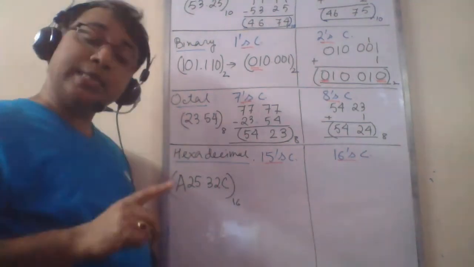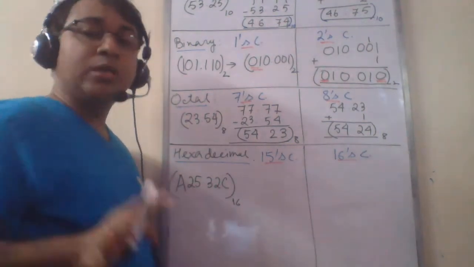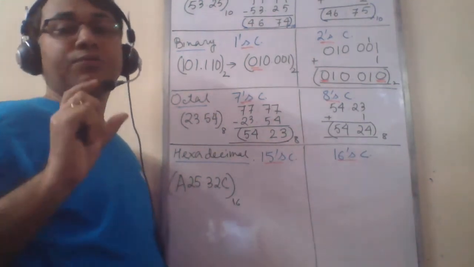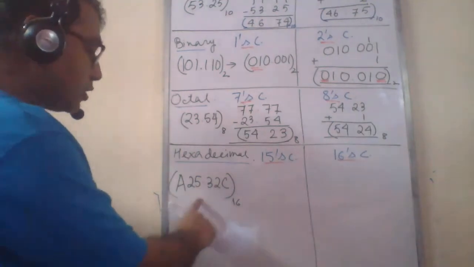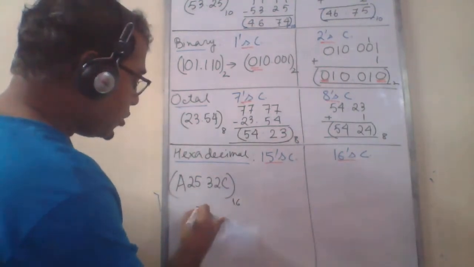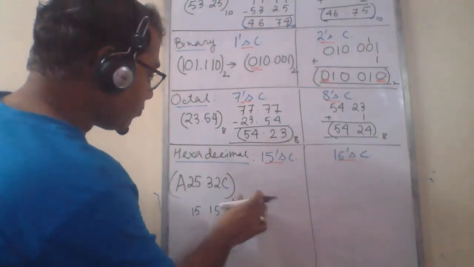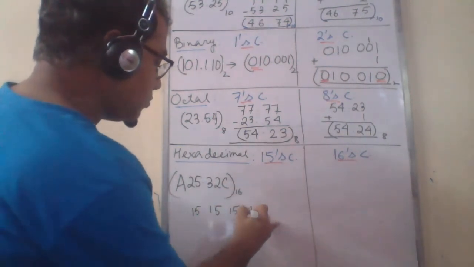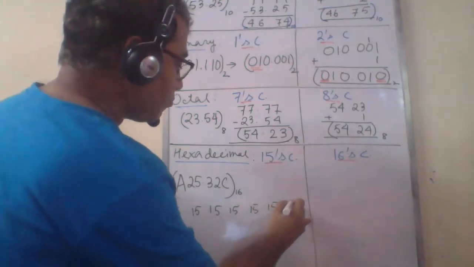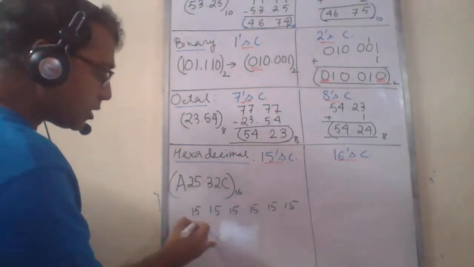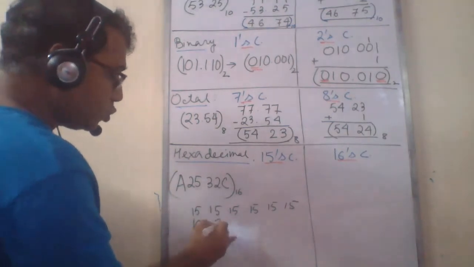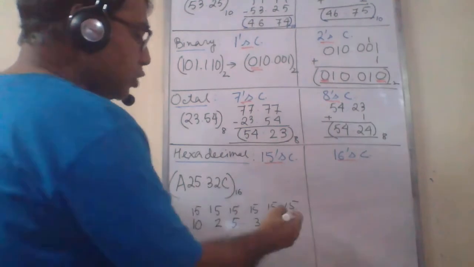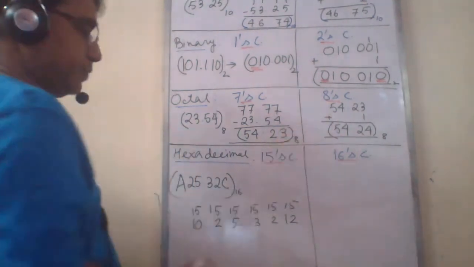Now, hexadecimal has the highest digit as F. Now, the numerical value of F is 15. So what we'll do, we'll subtract each digit from 15. Let me write this above. Now we'll subtract. A's numerical value is 10, then 2, 5, 3, 2, and C's numerical value is 12.